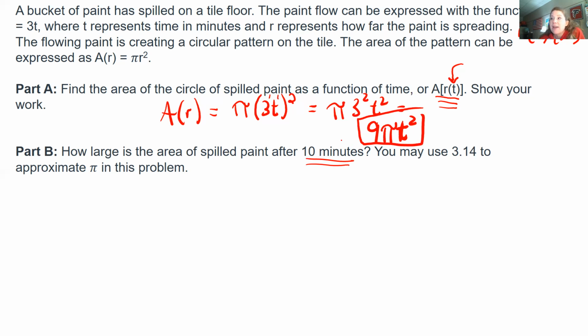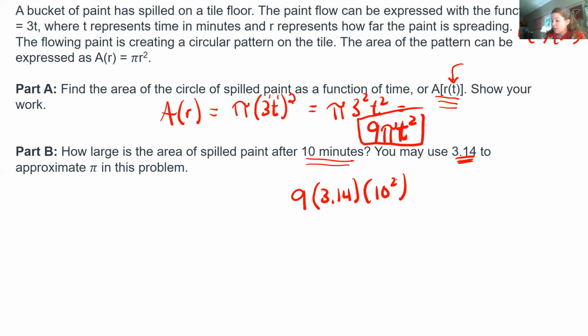And because we have a symbol, pi, we're also going to use 3.14 for pi. So we take 9, multiply it by pi, and then multiply it by time squared. Or I could put the 2 on the outside. It doesn't matter. Now we simply put that into our calculator.